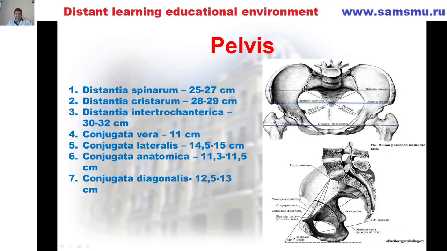The distance between the anterior and posterior superior spines of the iliac bones is the lateral conjugate. It measures 14 to 15 centimeters. To determine the transverse diameter of the pelvic inlet, the intercristal diameter is divided by 2 or 15 centimeters are subtracted from its value.